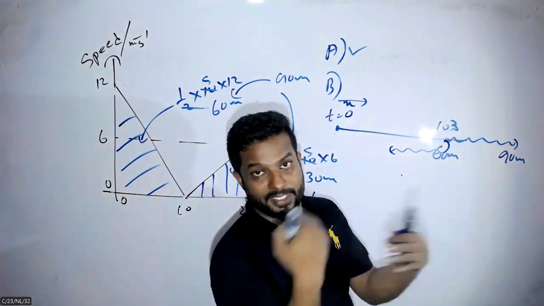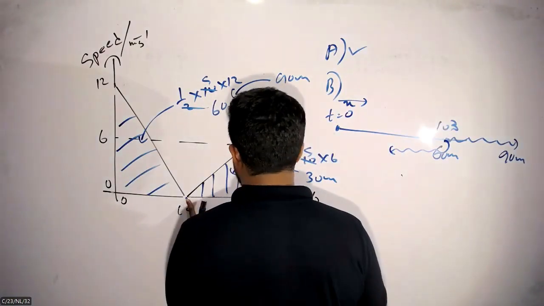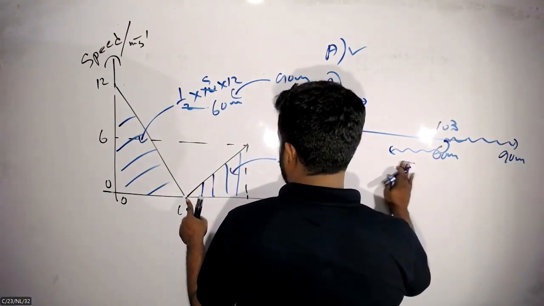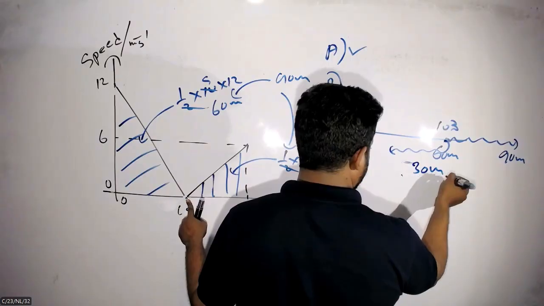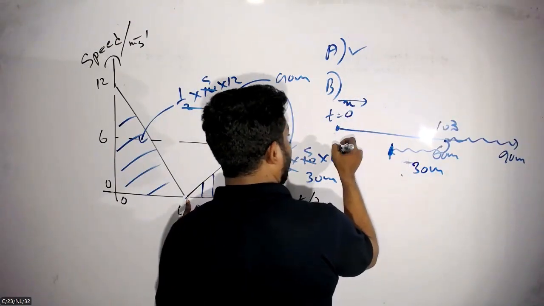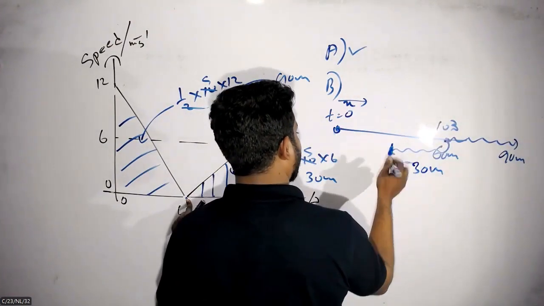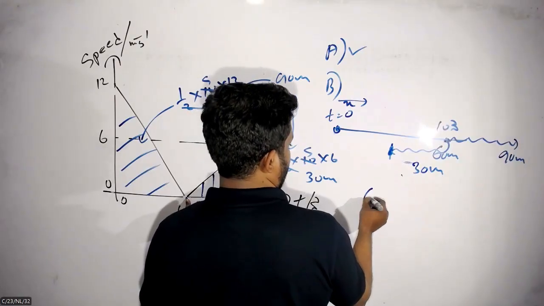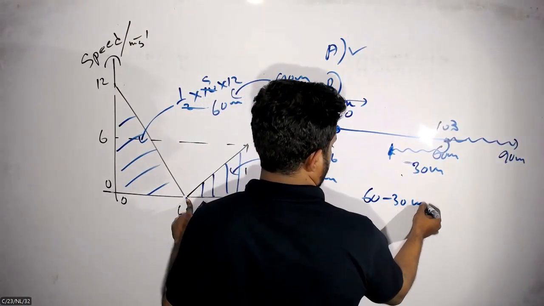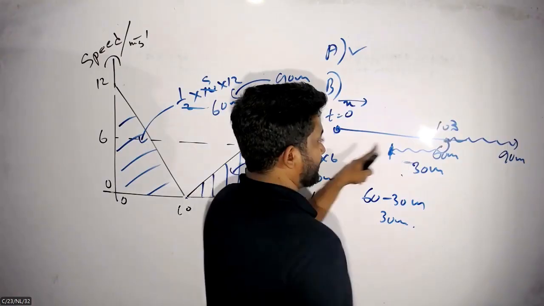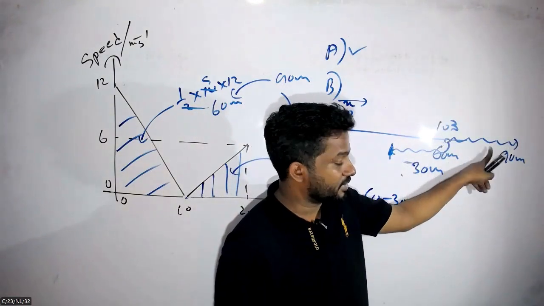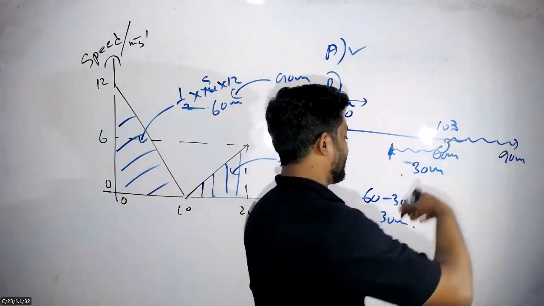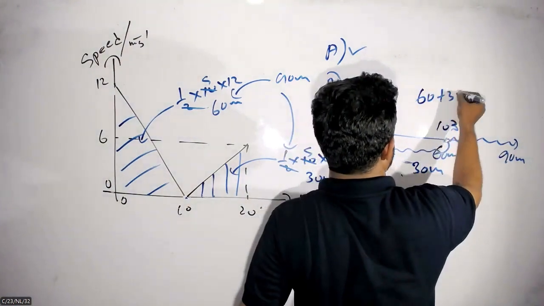If it moves to the opposite direction, it will move another 30 meters towards the opposite direction. Then the displacement should be 60 minus 30, 30 meters. If the object continues the motion towards the same direction, then the displacement is 60 plus 30.